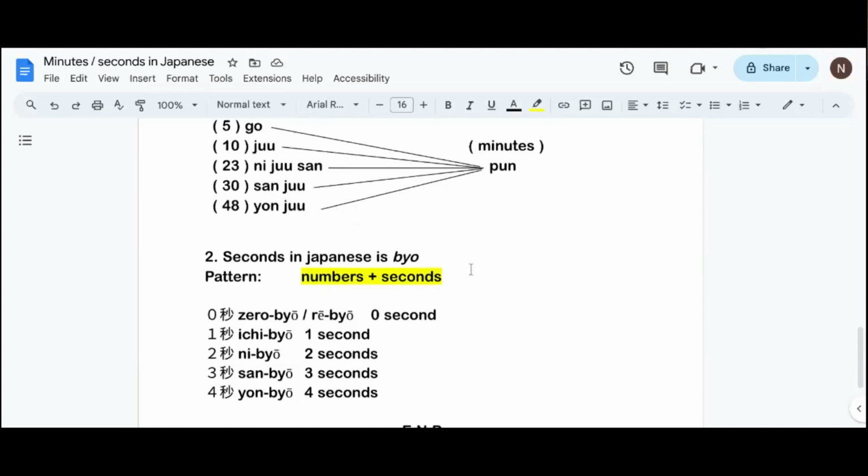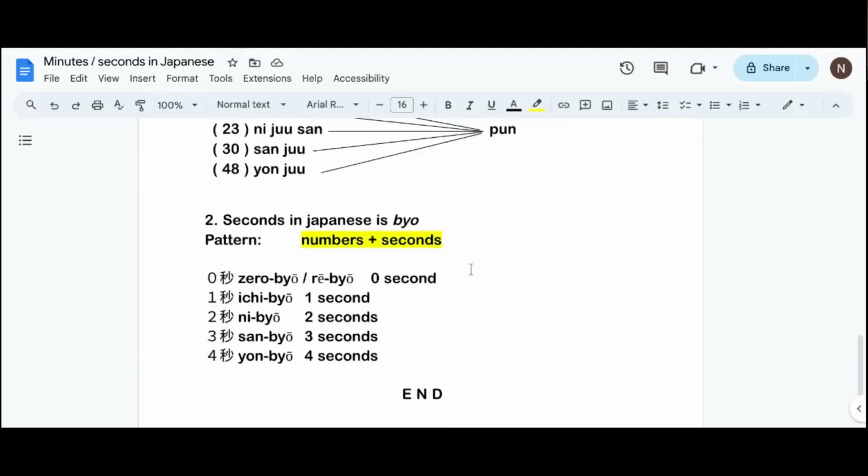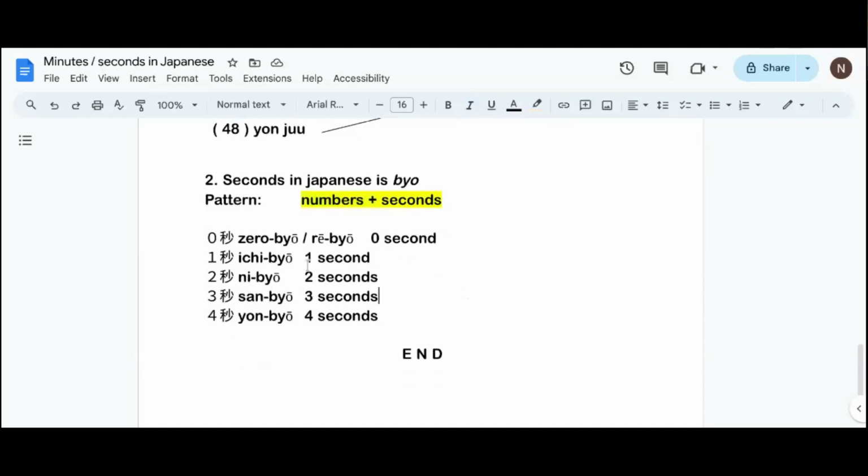And now in your seconds, byo. Ichi byo. Again, the same pattern, number and then the byo. Ichi byo, ni byo, san byo, yon byo.